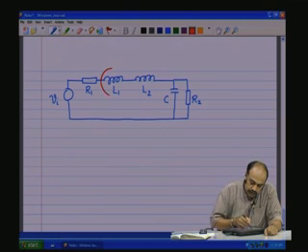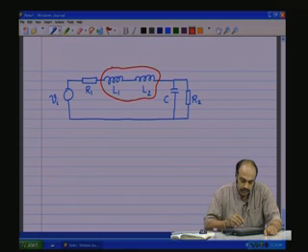This L1 and L2 are actually one single inductance.